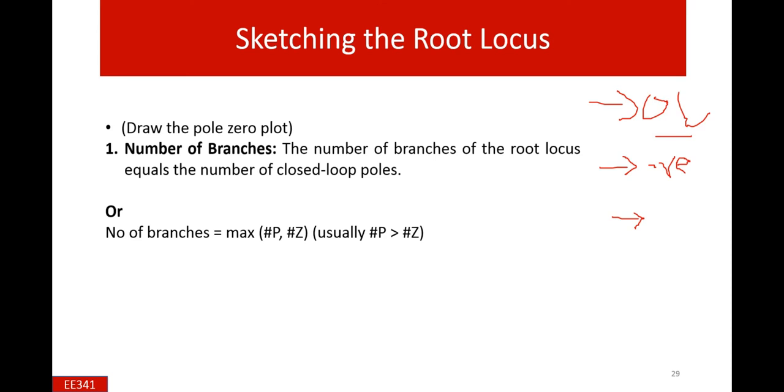First one is: how many branches are there? This is the maximum of the number of poles and zeros, but we are assuming that the number of poles is greater. Then the number of branches of the root locus is equal to the number of poles, because the starting points of the root locus are the pole positions of the open loop transfer function. So that is the first point.